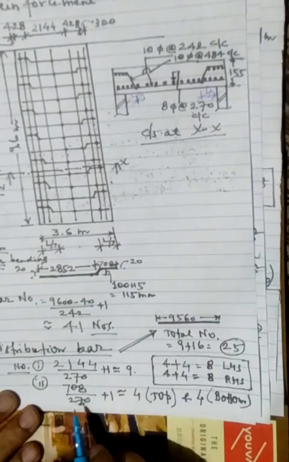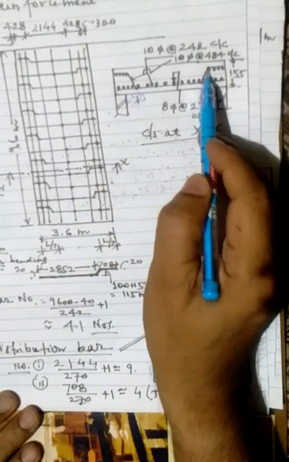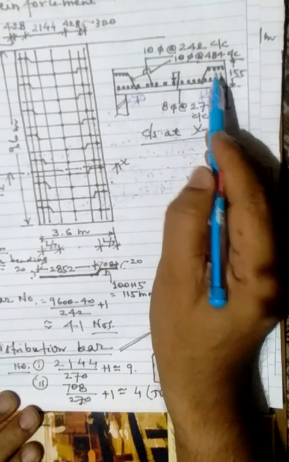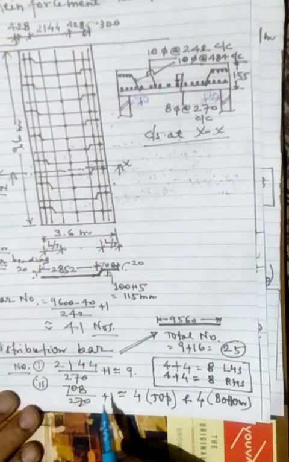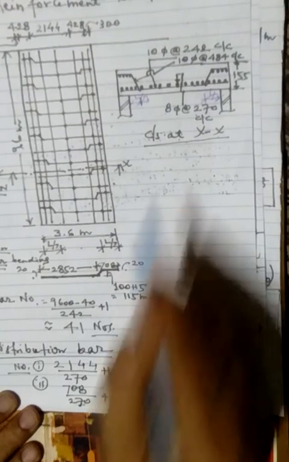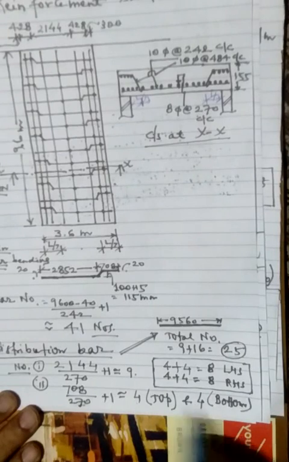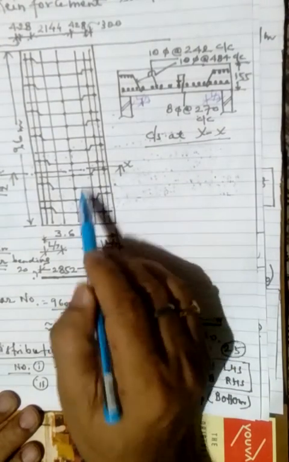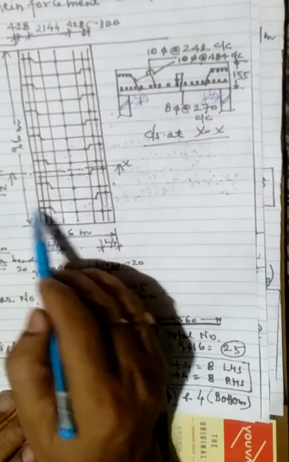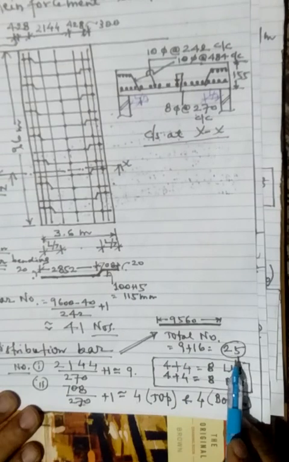And then for the top bent up area, in this area and this area, 4 bars are required in this area. 708 divided by 270 plus 1, that is 4 on top and 4 on bottom. So total 8 bars. So 8 bars would be required on the right support area, and 8 bars on the left support area. So the total number of bars required would be 9 plus 16, 25.